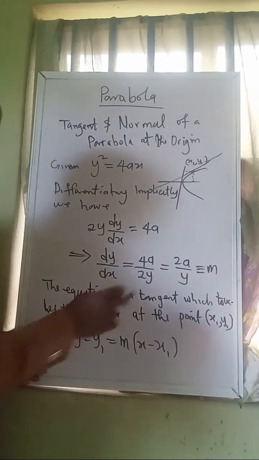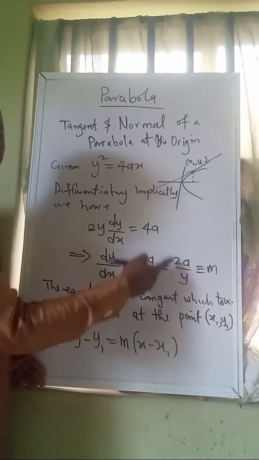And of course we know that this m is given as 2a over y.